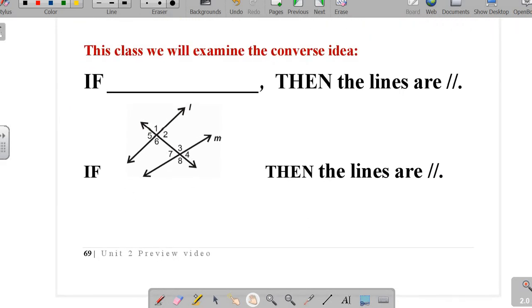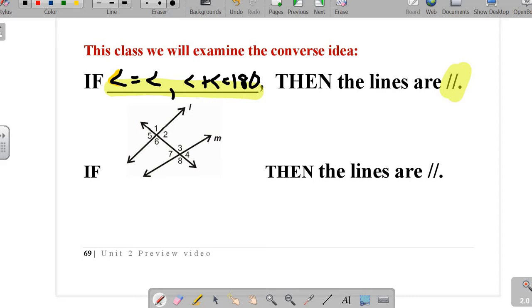This lesson says this: if certain things happen, then you have parallel lines. It's proving. It's what we call the converse. So if you have any one of those four, angle equals angle, that's 3 of them, or the angle plus angle equals 180, that's 1 of them, then it forces lines to be parallel.